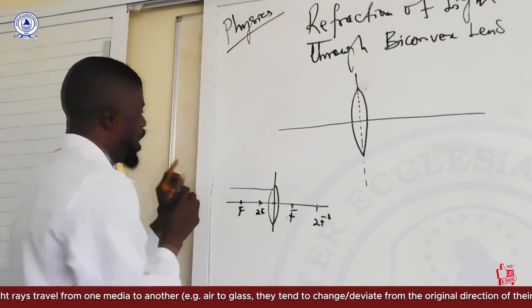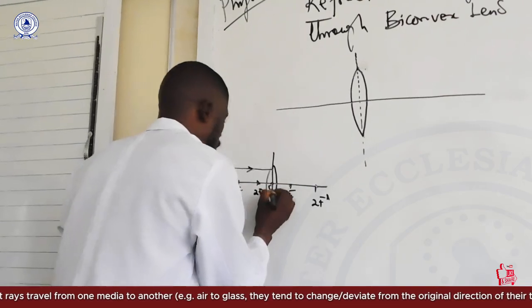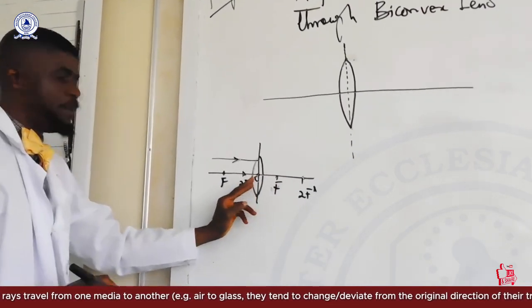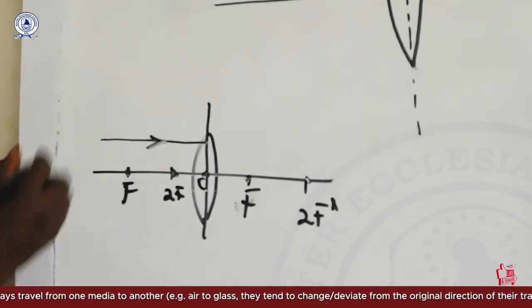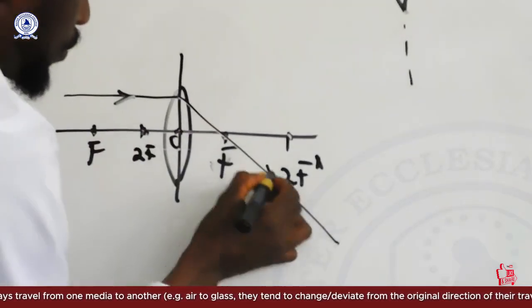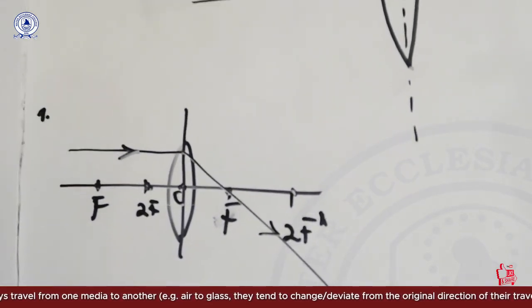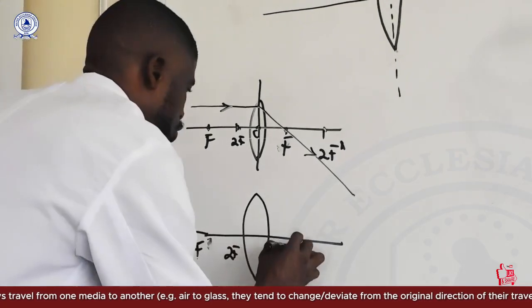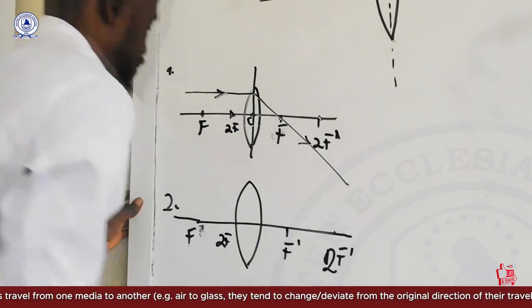So if a ray of light is passing parallel to the principal axis, this place is called the center of curvature of the lens. After refraction at the lens, the ray will pass through the focal point. Rule number 2. Here is 2F, and here is supposed to be our F prime, and then here is supposed to be our 2F prime.